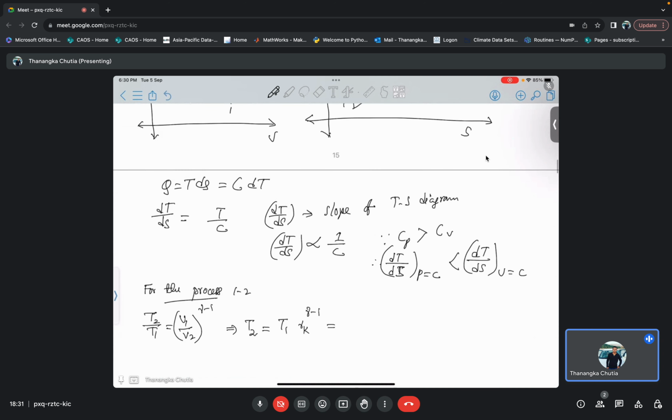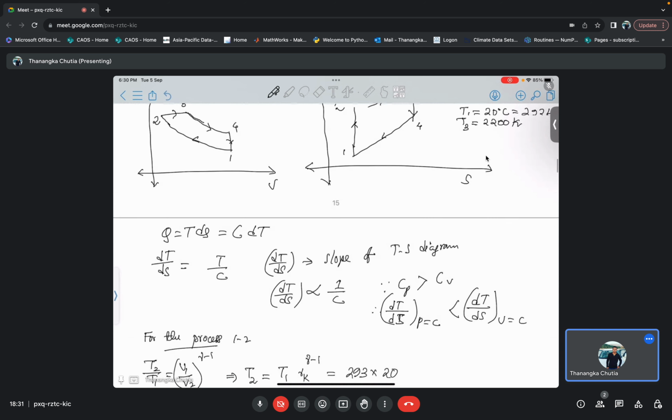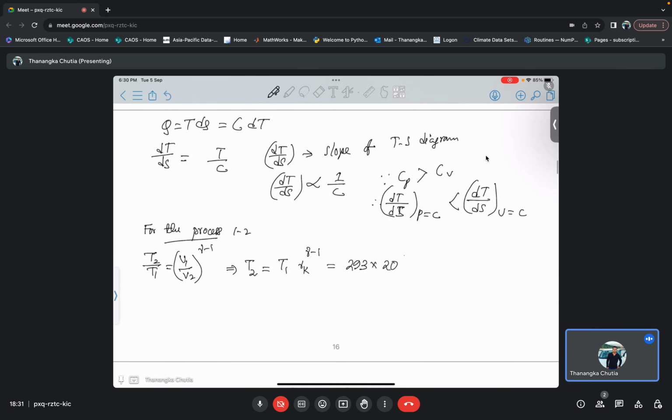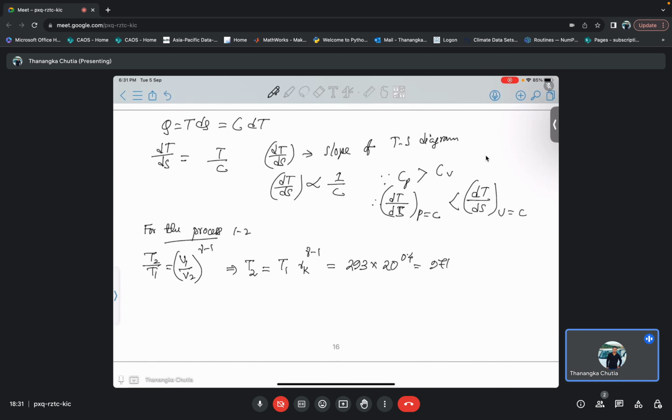And what is your T1? 293, Rk is 20 compression ratio, and gamma is 1.4, so this will be 0.4. 293 into 20 to the power 0.4, so this is 971.13 Kelvin. So this is your T2.